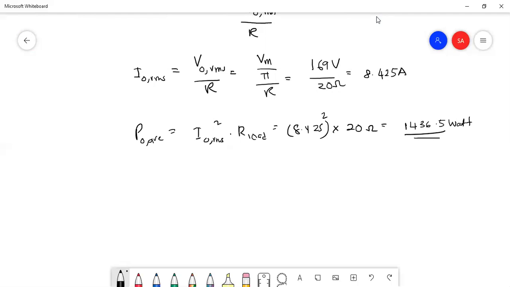And what about question D? Question D is you need to calculate the power factor. The power factor, if you recall, refers to this angle of the power triangle.